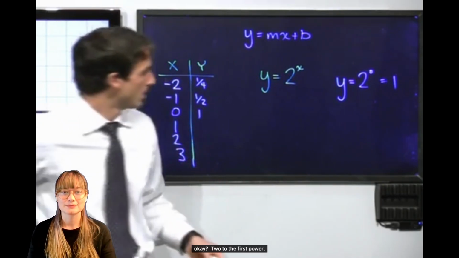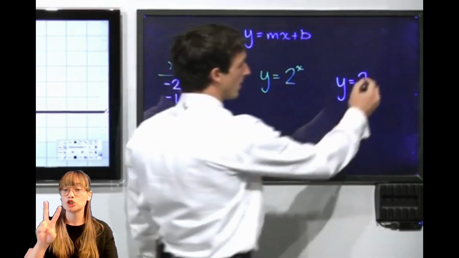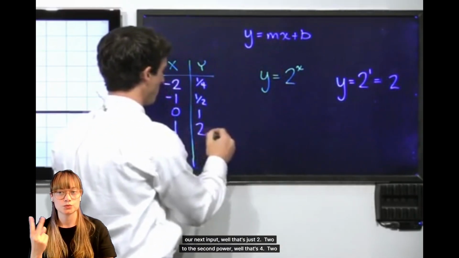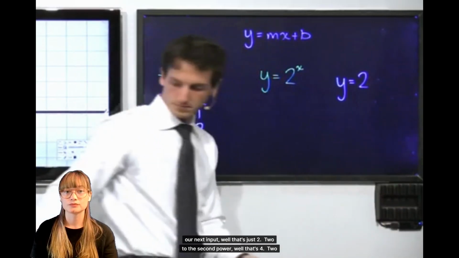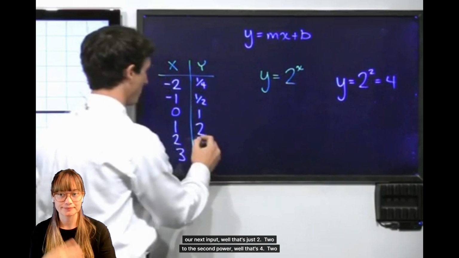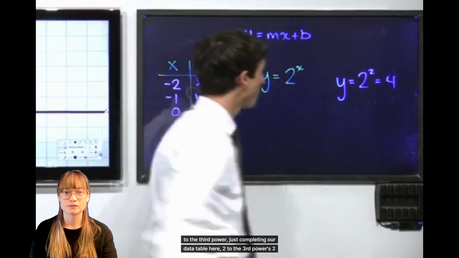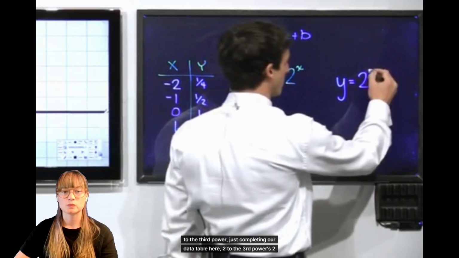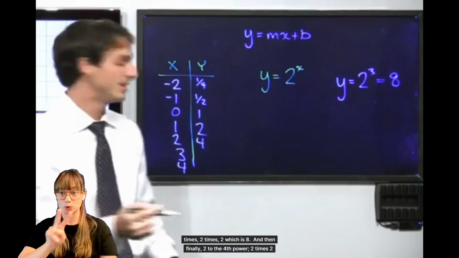Okay? 2 to the 1st power, our next input, well, that's just 2. 2 to the 2nd power, well, that's 4. 2 to the 3rd power, just completing our data table here. 2 to the 3rd power is 2 times 2 times 2, which is 8.